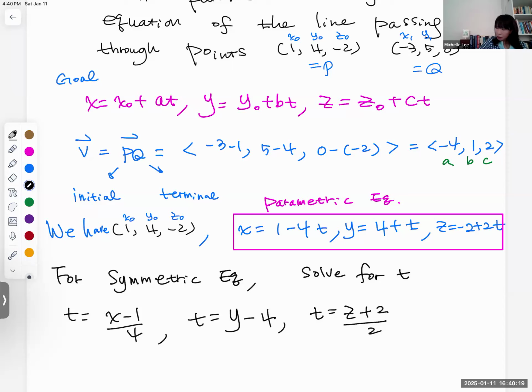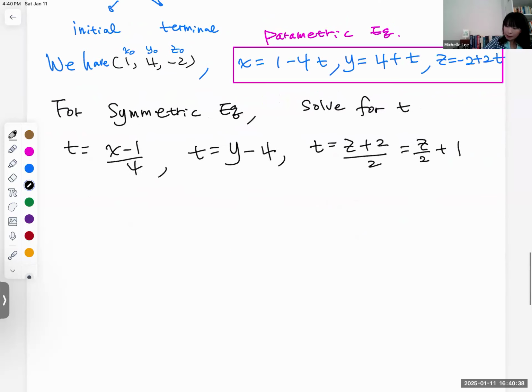Okay, then we can simplify this one, right? So that will be z/2 plus 1. Okay, that is the symmetric equation. So let me arrange.